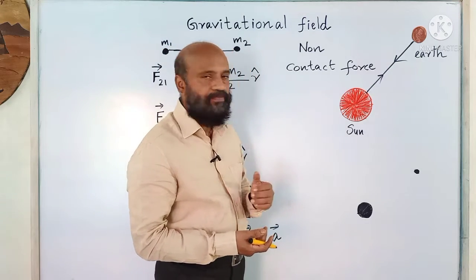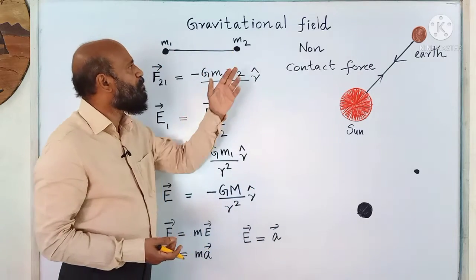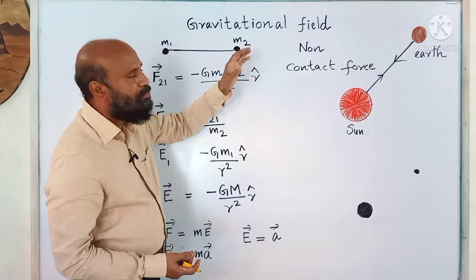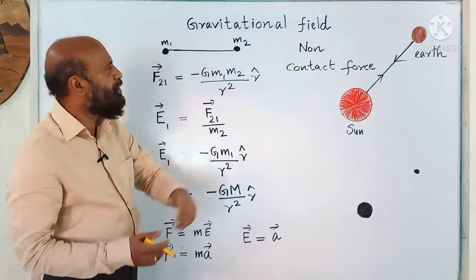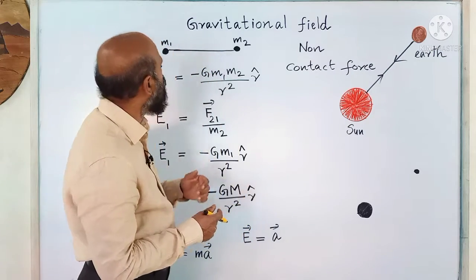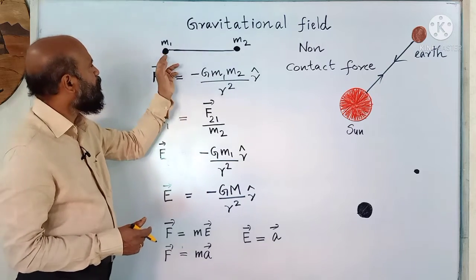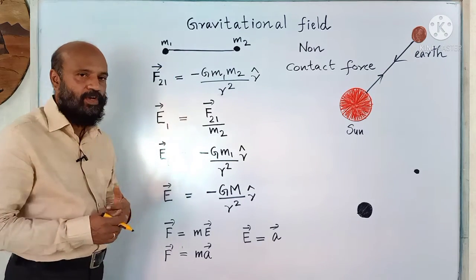To explain non-contact forces, we can use the field concept. Now in this video, let us see gravitational field and intensity of the gravitational field. The force between these two masses is given by Newton's universal law of gravitation.